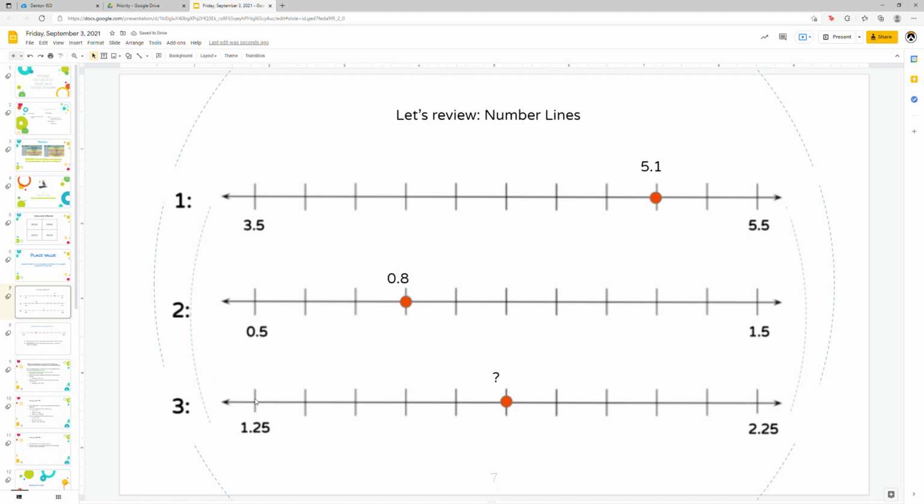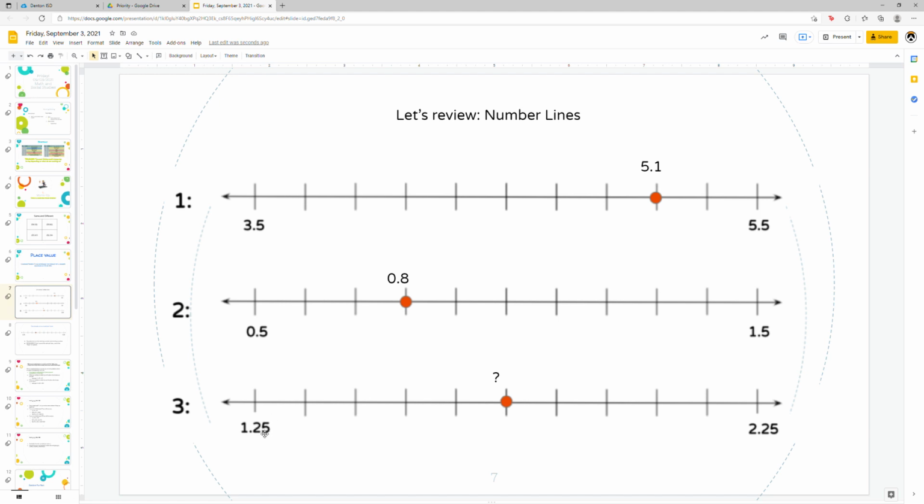And on the third number line, again, there are 10 sections, but you should always count or verify. This number line starts at 1 and 25 hundredths and ends at 2 and 25 hundredths. So the only difference there is one whole number. So it goes up by one whole number. That means each of these steps goes up by how much? Well, let's see where we end up at our point if we count by a tenth.